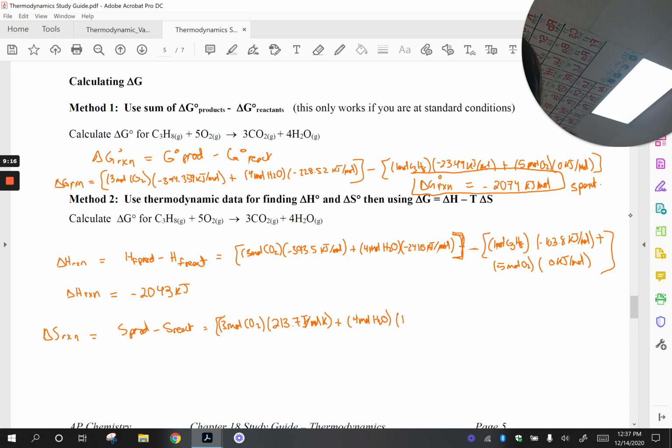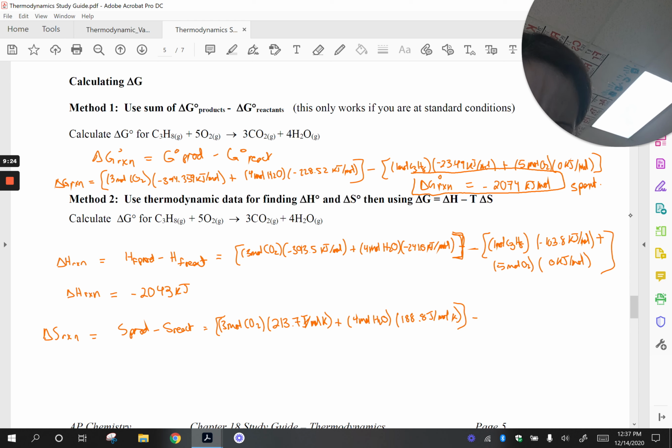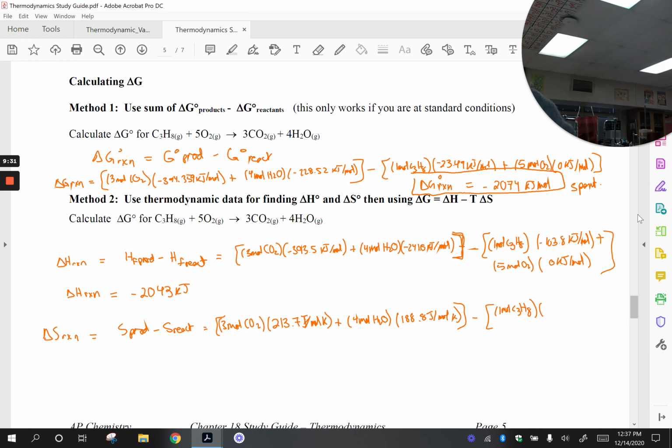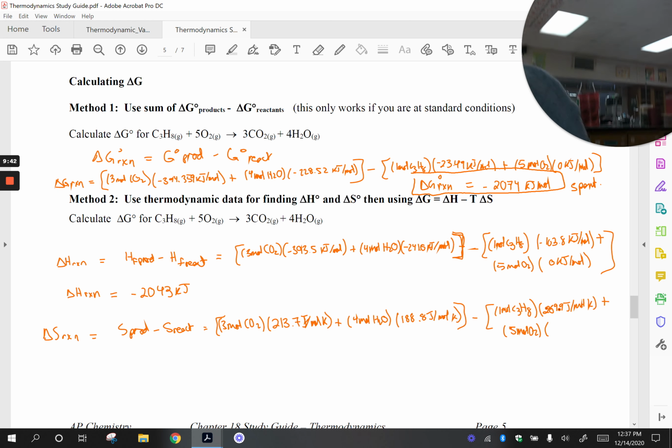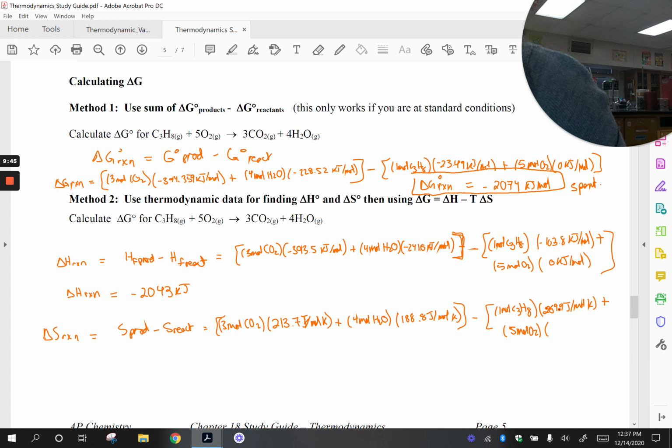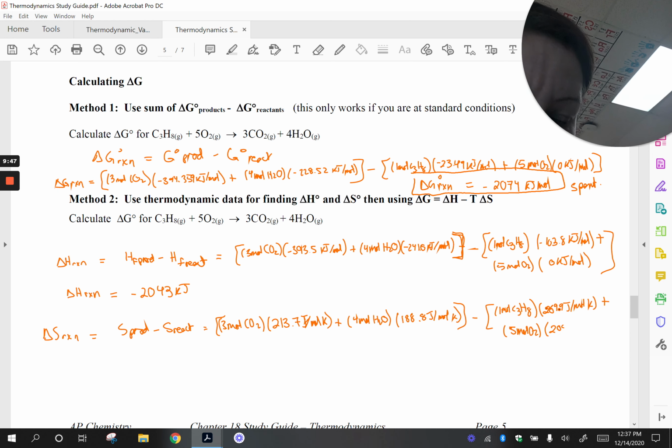Value is 188.8 joules per mole Kelvin. Minus my reactants, I have 1 mole of C3H8, 269.9 joules per mole Kelvin. Plus, then I have 5 moles of O2. And remember, that's not 0. It is 205.1 joules per mole Kelvin again.